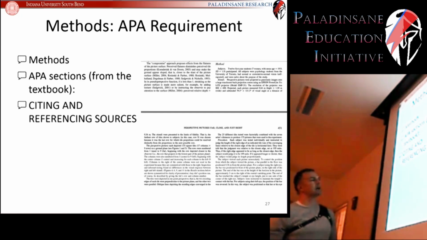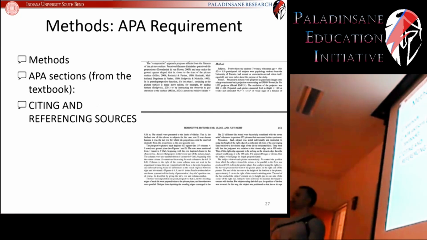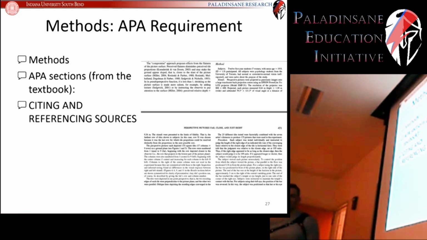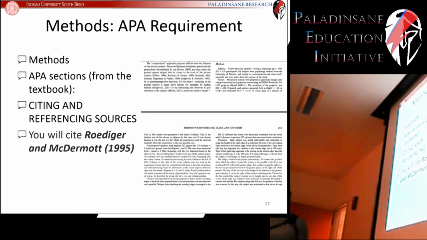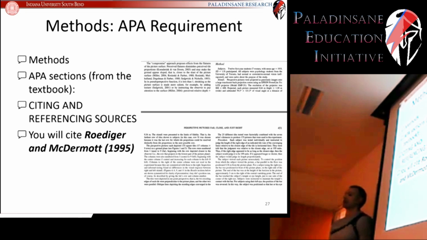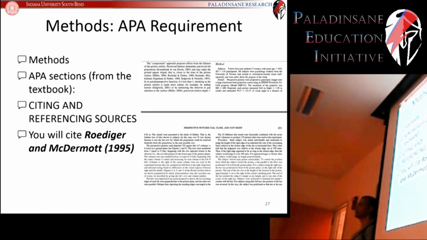And then we're not going to use extensive citing and referencing of sources, because most of this is our work. We designed this experiment, we put it together, we did all of that. The one thing though that we will cite is Roediger and McDermott, because we used their lists. So when you mention the lists, when you say we used 6 lists, be sure that you mention that these came from Roediger and McDermott, 1995.